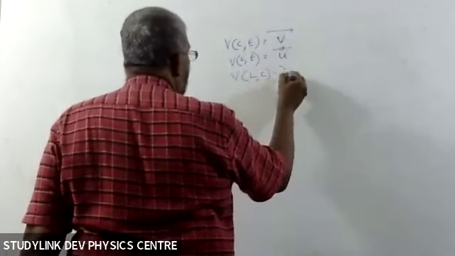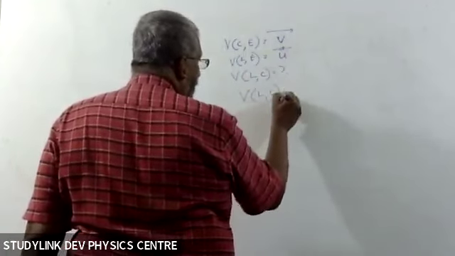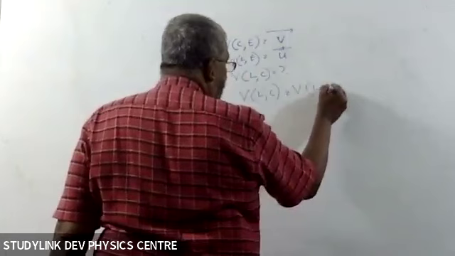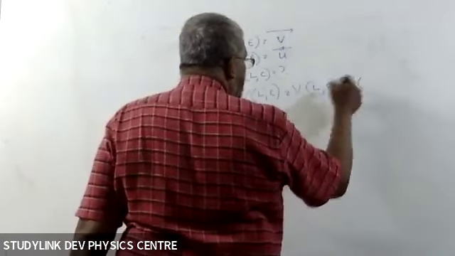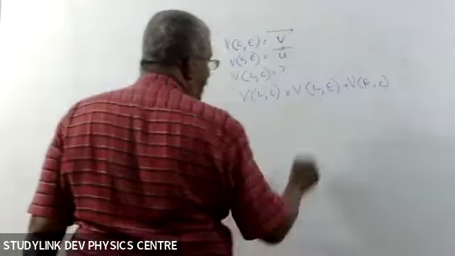We'll find this first. Velocity of the lorry relative to the car is equal to velocity of the lorry relative to the earth plus velocity of the earth relative to the car.